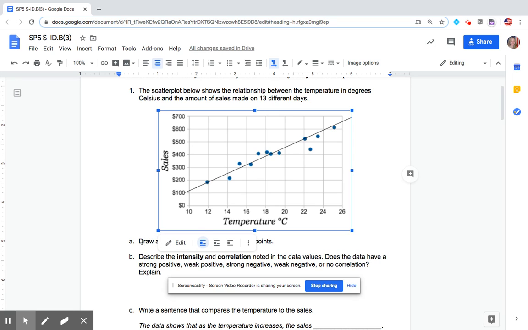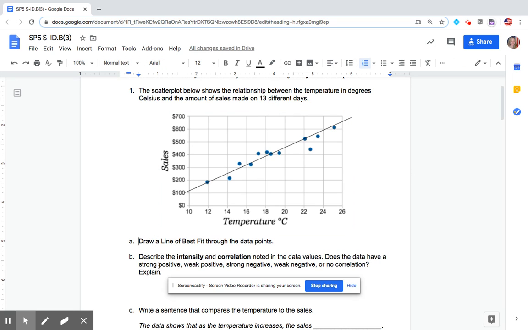All right, now that I've done part A, part B says to describe the intensity and correlation of the data. I'm noticing that this data is definitely a positive trend, and it's pretty strong positive because these points are close to the trend line.